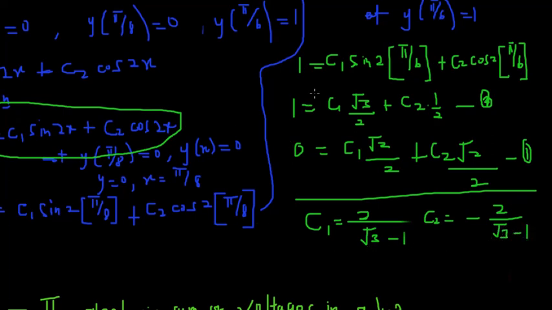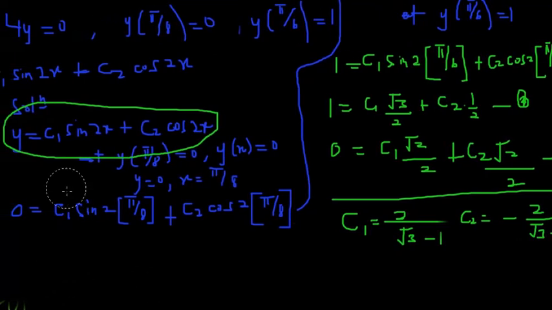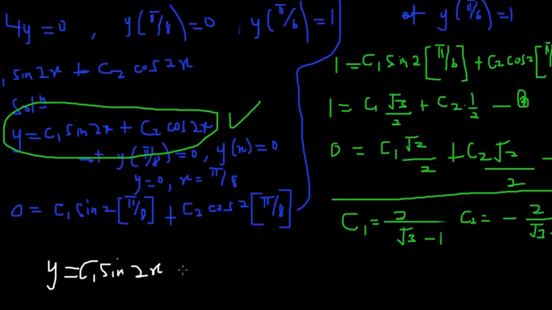So putting our equation in this format, we have the equation y equals C1 sine 2x plus C2 cos 2x.